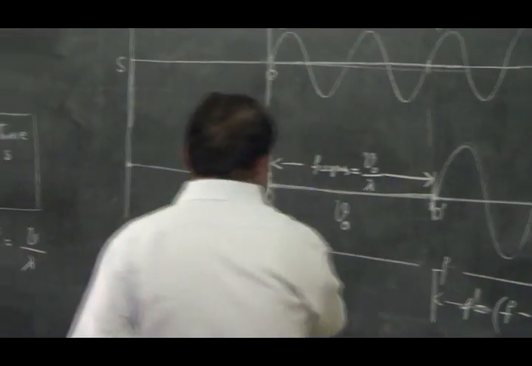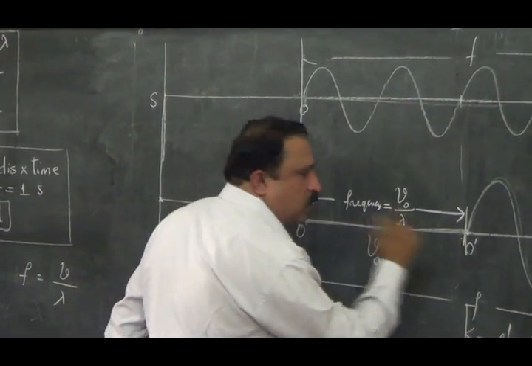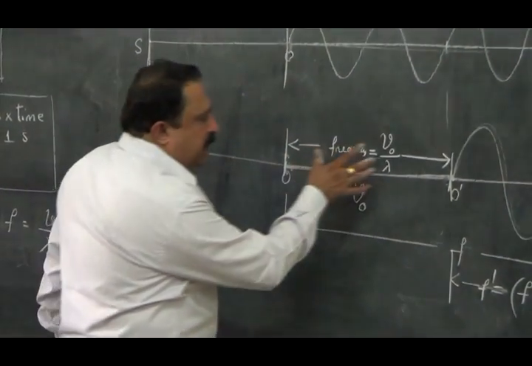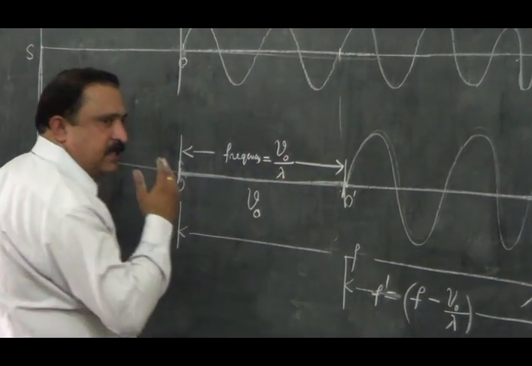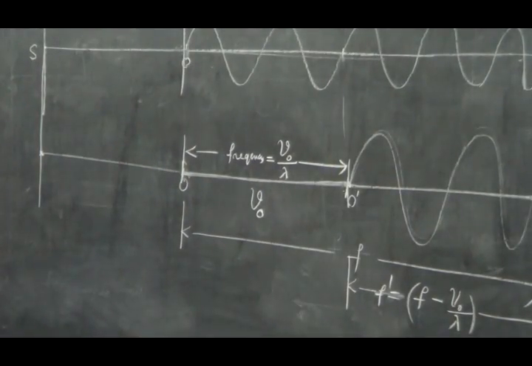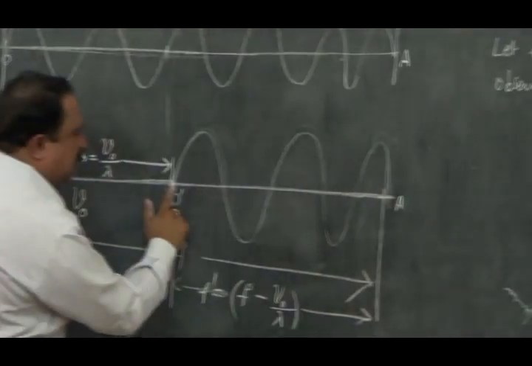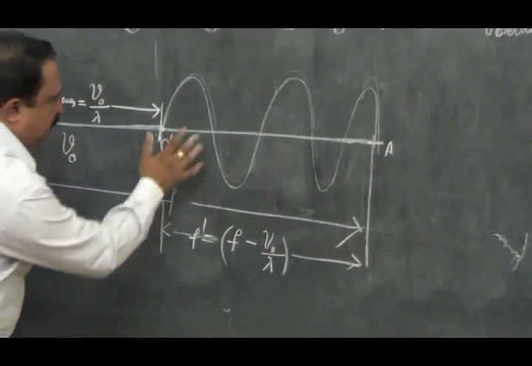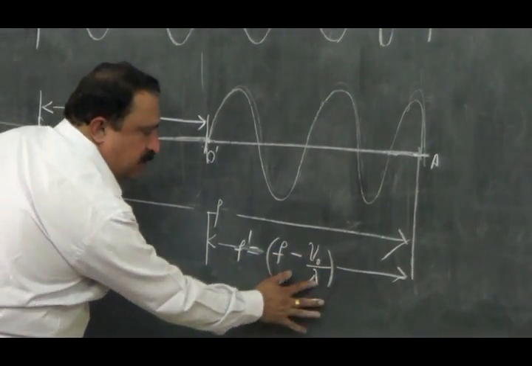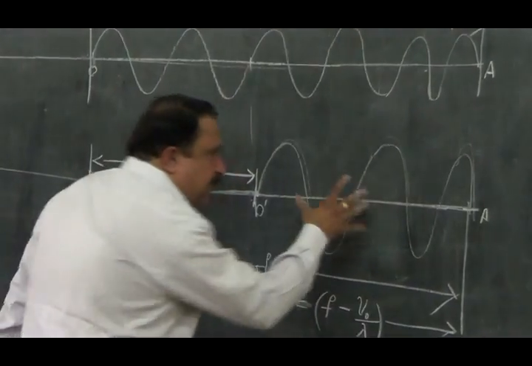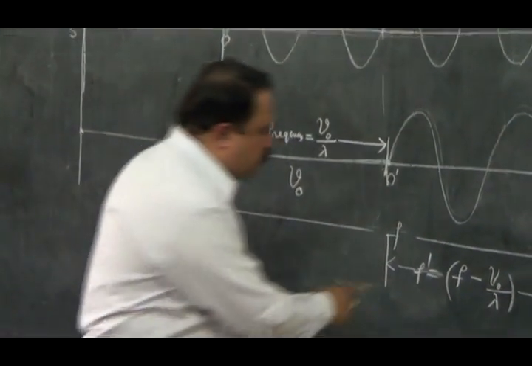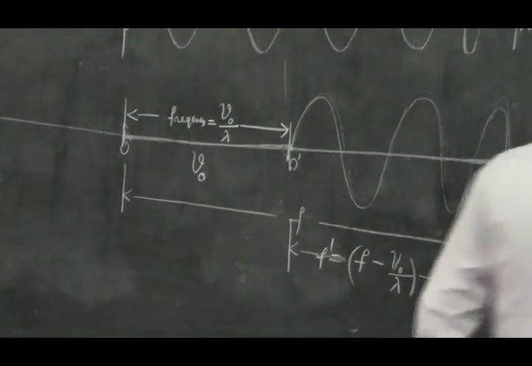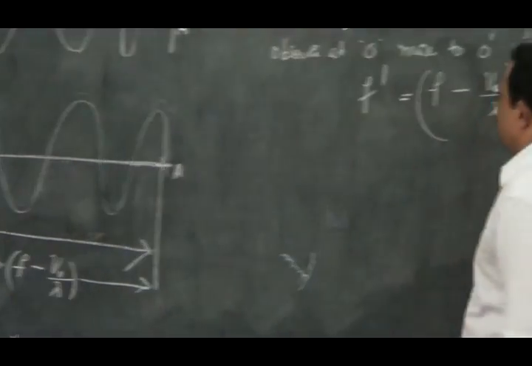The person will not perceive the waves that are present from O to O dash. What is the frequency of waves that are present from O to O dash? V naught by lambda, and V naught is the velocity of the observer. So he is able to now perceive only the waves that are in the region O to A. How many waves are now left in the region O to A? F minus V naught by lambda. So these are the waves that he is going to perceive, meaning they are apparent waves, not actual waves. So that should be F dash. So F dash equals F minus V naught by lambda.